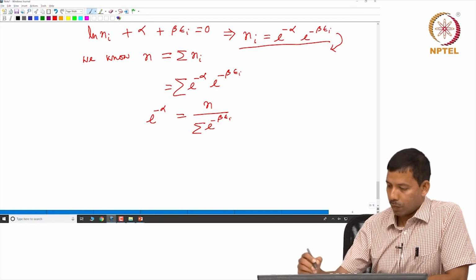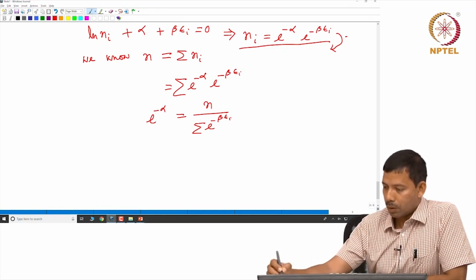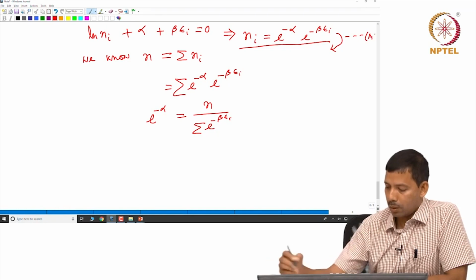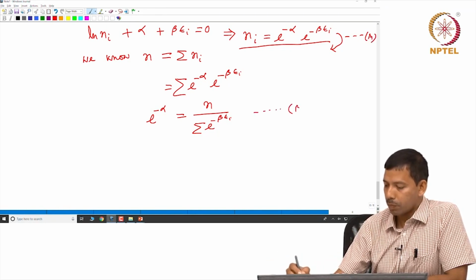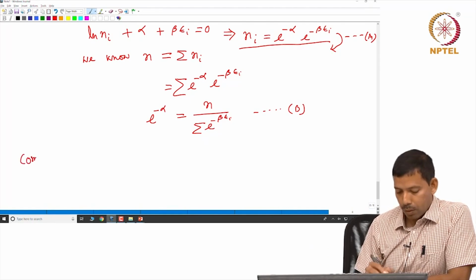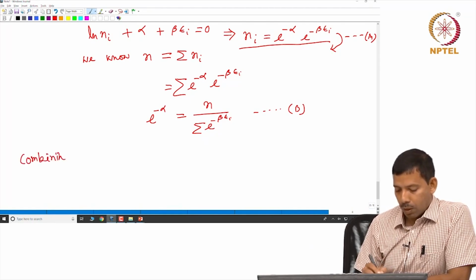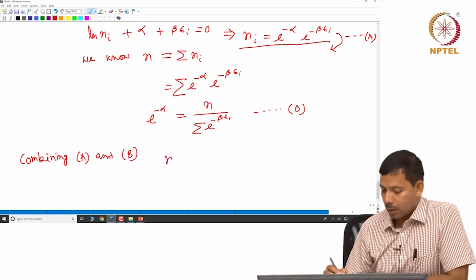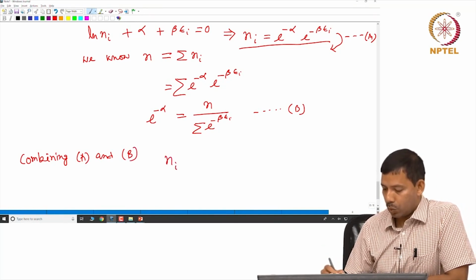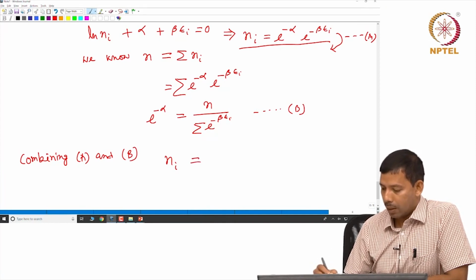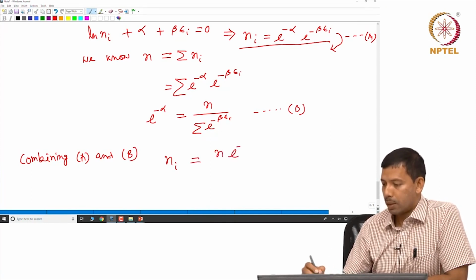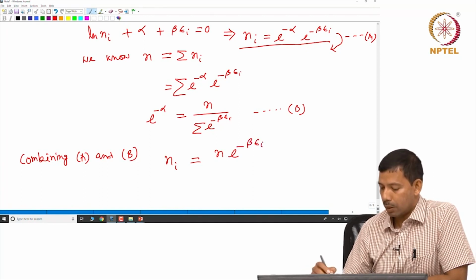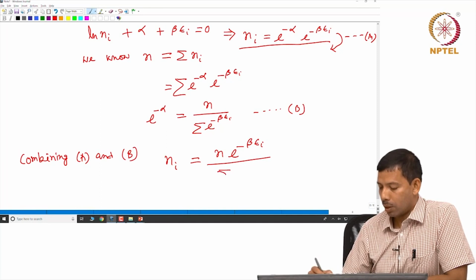Let's say this is equation A and this is equation B. Combining A and B, we get ni is equal to n e to the power minus beta epsilon i divided by sum over e to the power minus beta epsilon i.